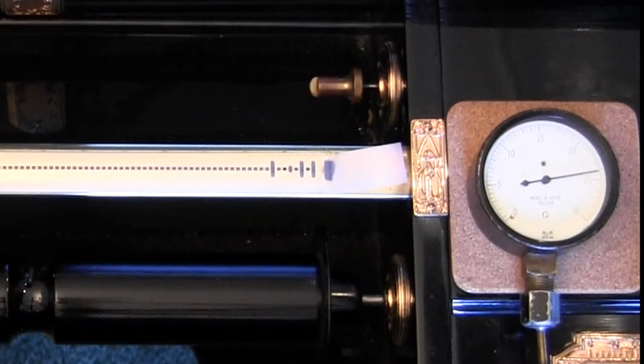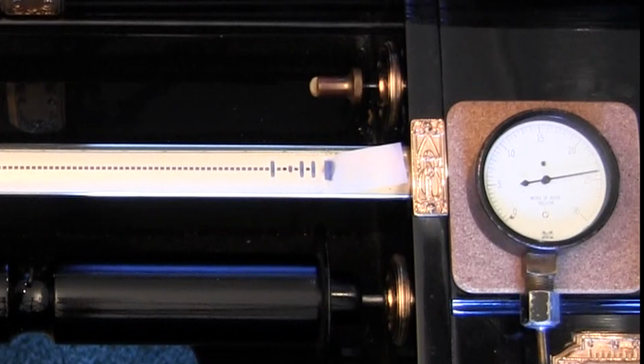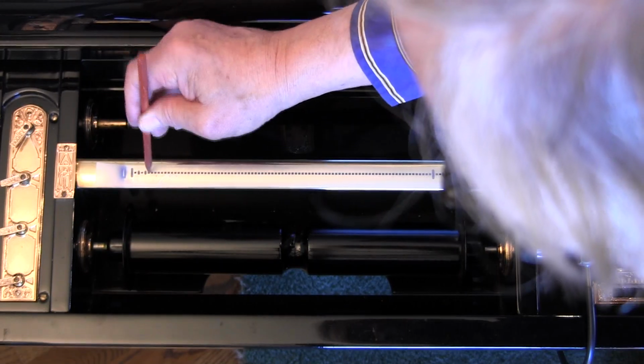This will cause the amplifier to move. Connect the gauge to the treble side of the stack and read the pressure. Very carefully set the amplifier spring so that the pneumatic collapses 50%. The gauge should read amplified pump pressure caused by the bass holes 2 and 6.